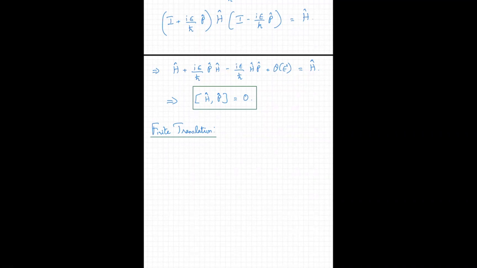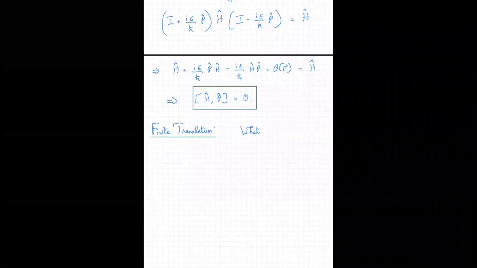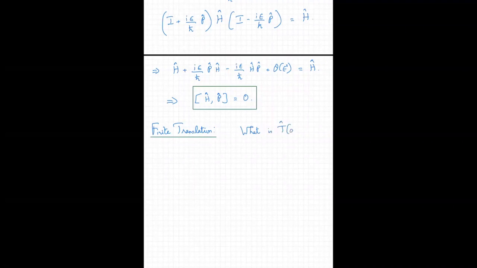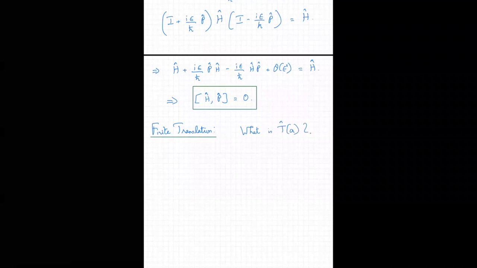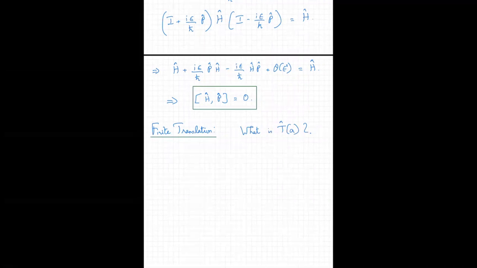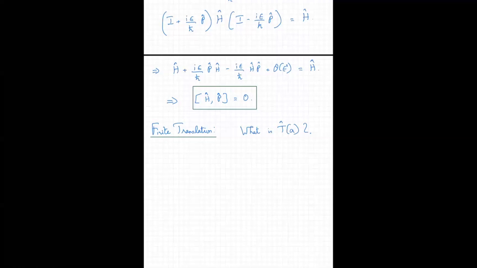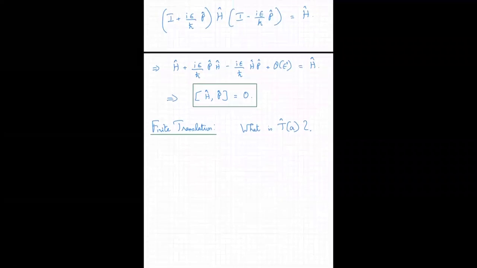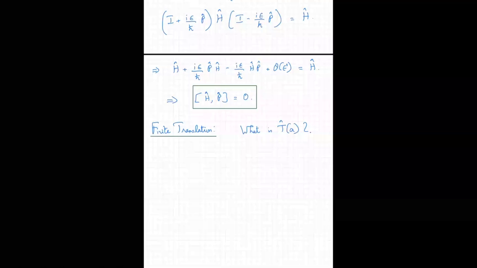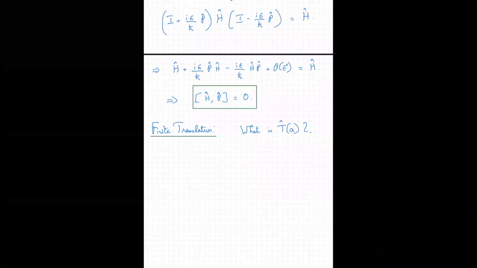Well, in many instances, we are interested in moving the object not by a very, very small amount, but by a finite amount, say A. So I'm interested in asking the question, what is the operator that corresponds to a translation by a finite amount A?